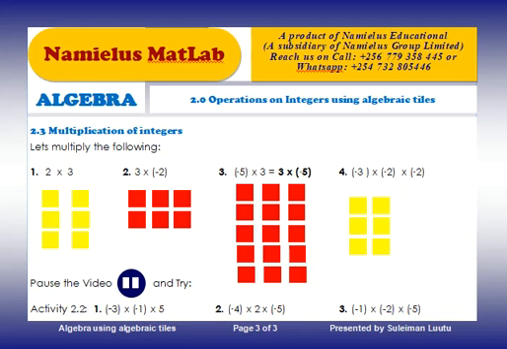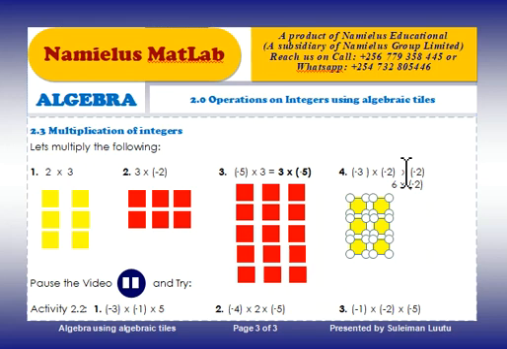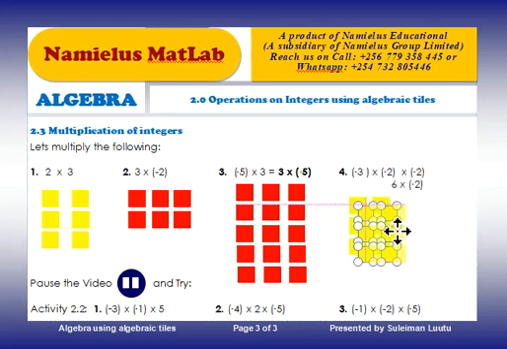Now that means we are going to reduce our equation to this. Positive 6 times negative 2. This is now what we have. So we are going to have this positive 6, 2 times. Okay? So this is positive 6, but 2 times.